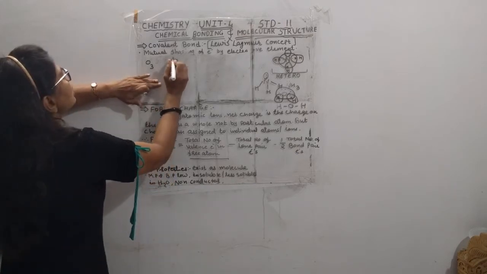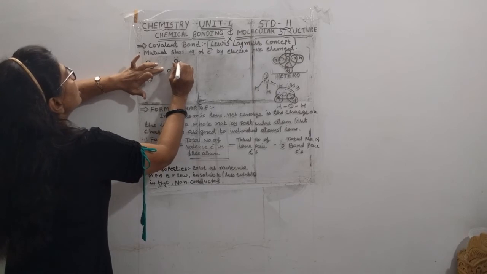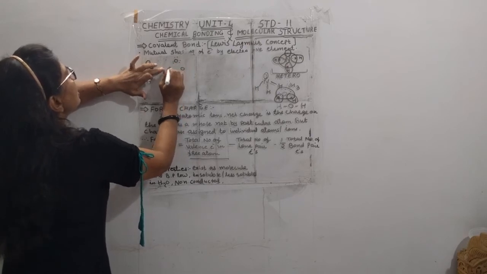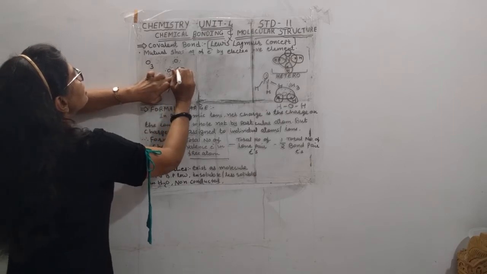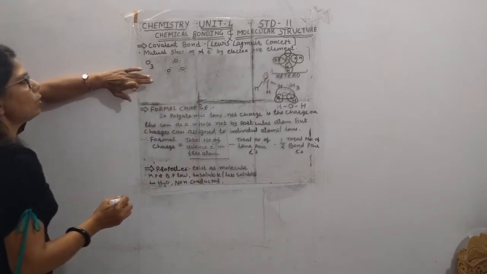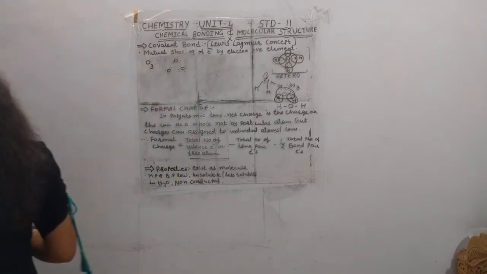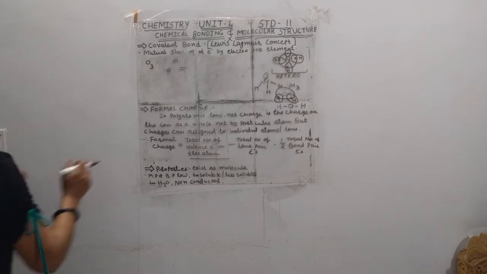So each oxygen has 6 electrons, 1, 2, 3, 4, 5 and 6. Same way, 1, 2, 3, 4, 5 and 6 electrons. Now we'll think about the formula which I have given to you.